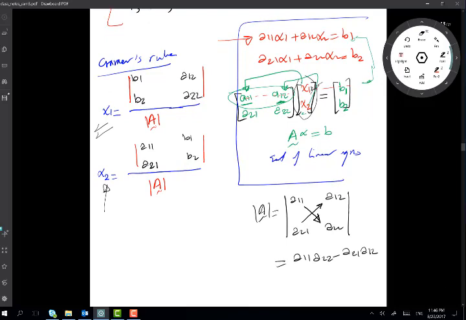Now, when you look at the solution over here, you realize that underneath I have the determinant of A for all my unknowns. Which means when I'm solving my equations, I hope the determinant of A is not going to vanish, because if it vanishes, then this process will give you 0.